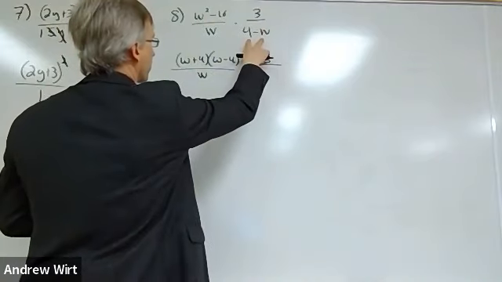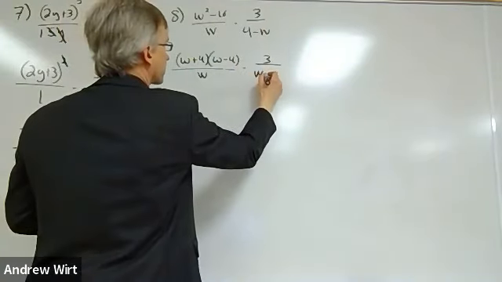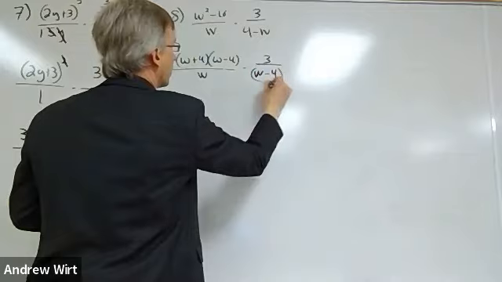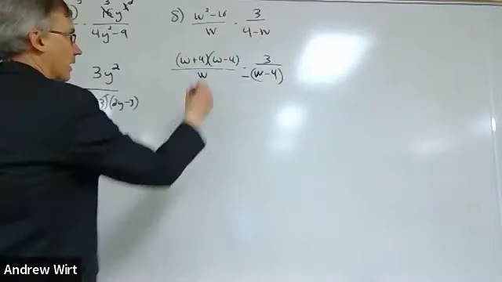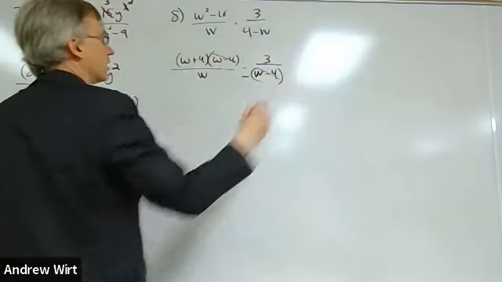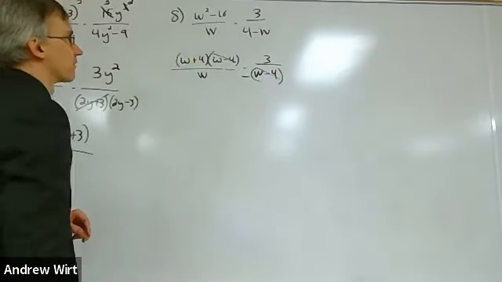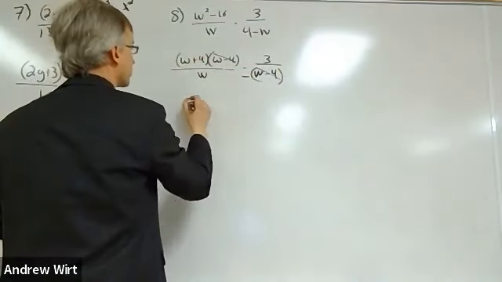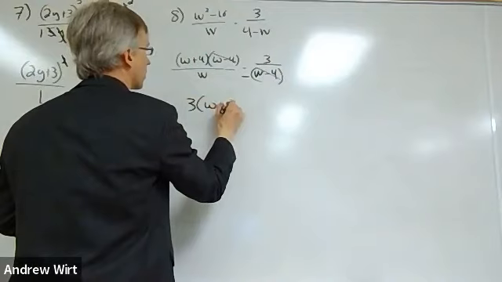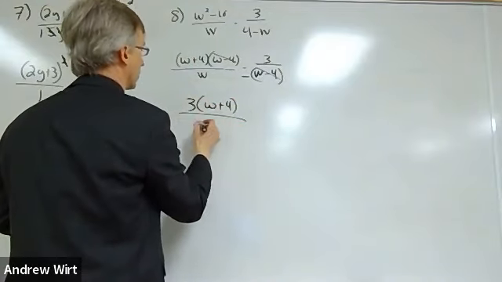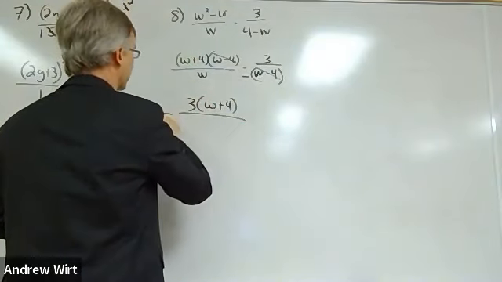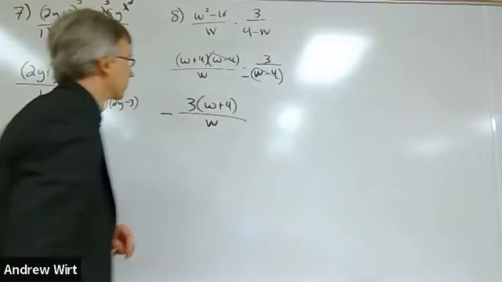And now we're going to do the flip trick here so that I get a match. So I'm going to change this to w minus 4, and it becomes negative. Now we got matching binomials. Those go away. All that's left on top is 3 times w plus 4 over, got that negative sign, don't forget that, over w.